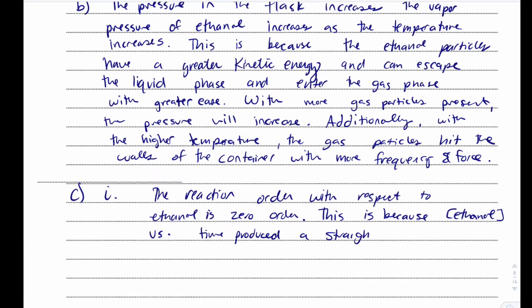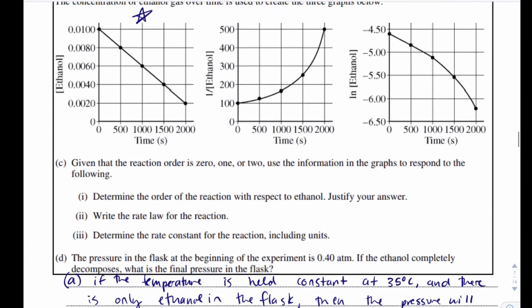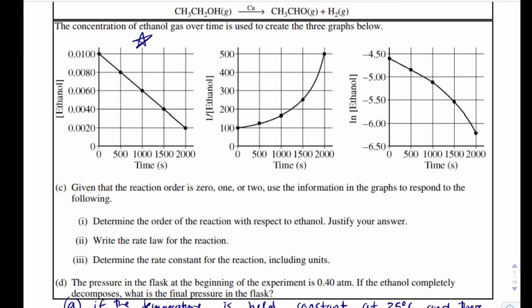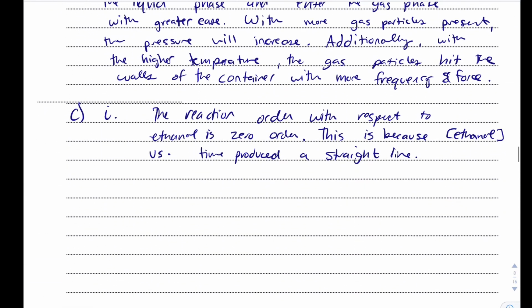Okay, that's good enough for us here. Okay, part 2 says write the rate law for the reaction. This is kind of weird, and I can see how back in 2011 kids might have gotten stumped on this, but we can say rate equals k times C2H5OH to the 0 power, or you could say rate equals k, which is kind of weird.